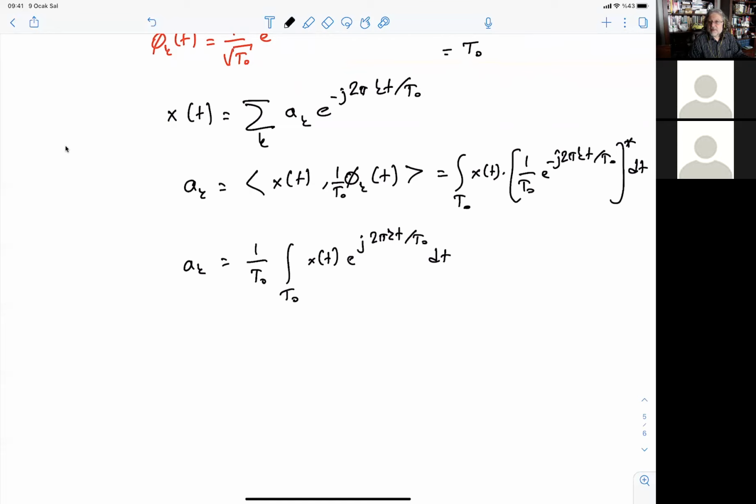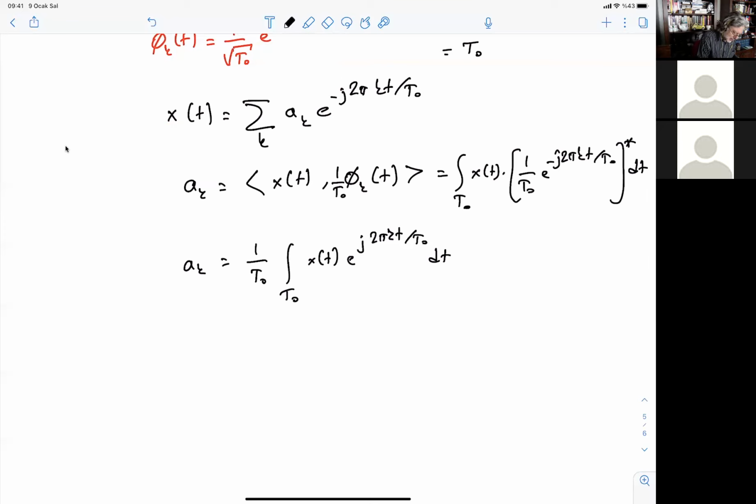So you may remember from signals and systems that this is the Fourier series coefficient evaluation formula, the Fourier transform for continuous time and periodic signals. We have other systems as well.